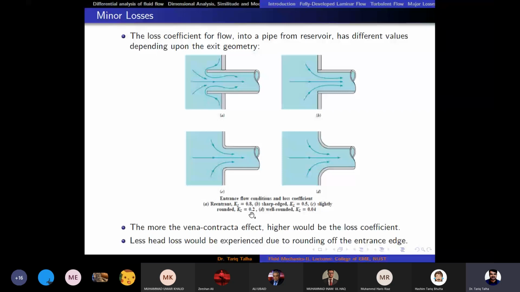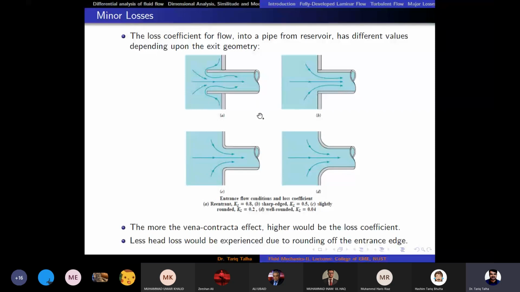And if we make it more rounded, like the curvature is less steep, so the radius of curvature is more, then in that case the well-rounded KL is 0.04. So it means that we can reduce the energy loss due to this vena contracta effect by rounding off the pipe entrance, if we can.